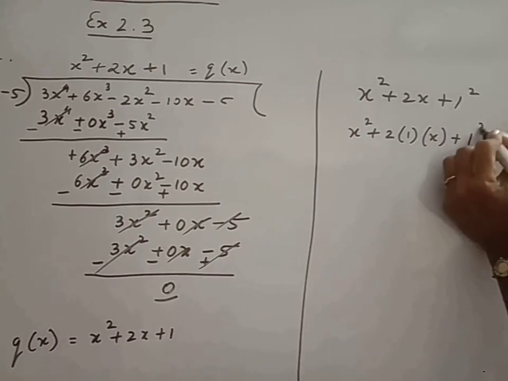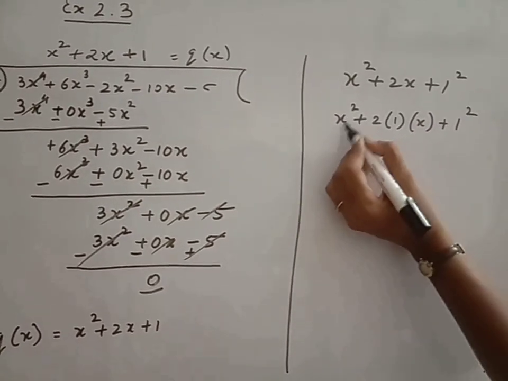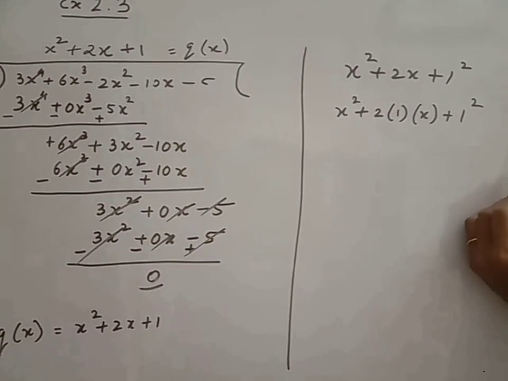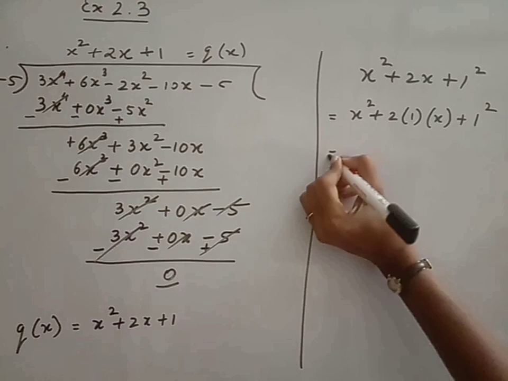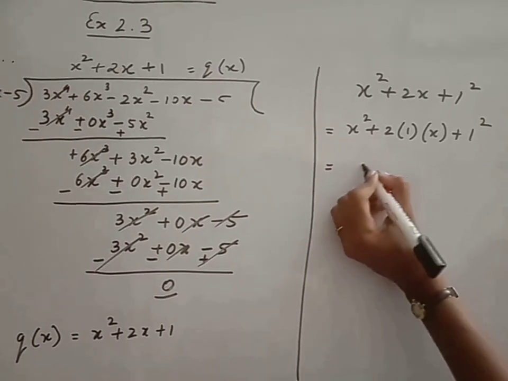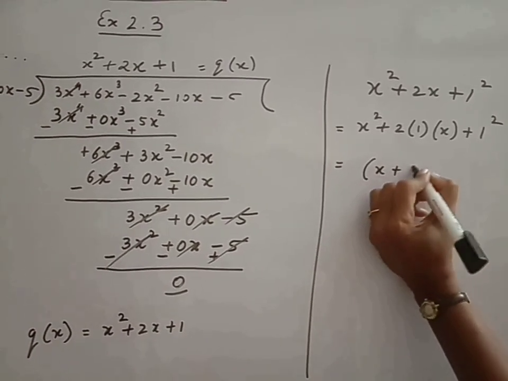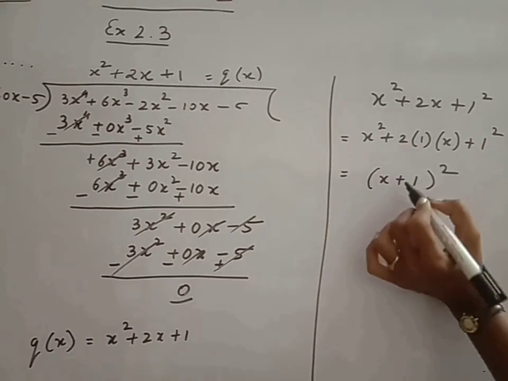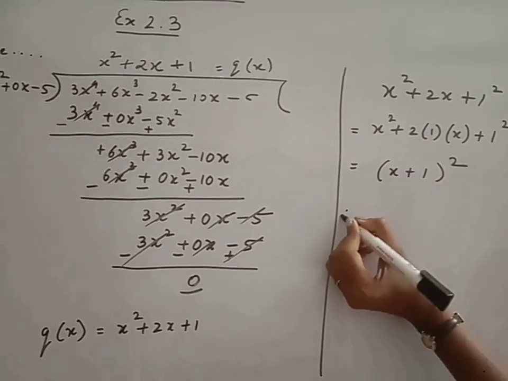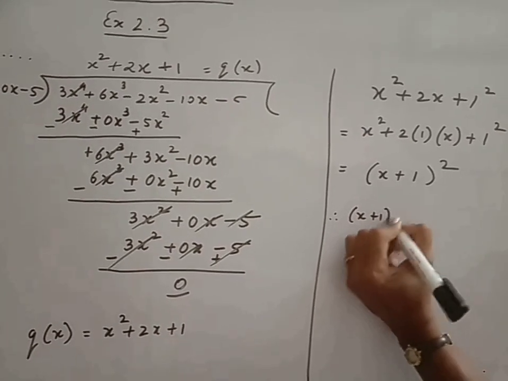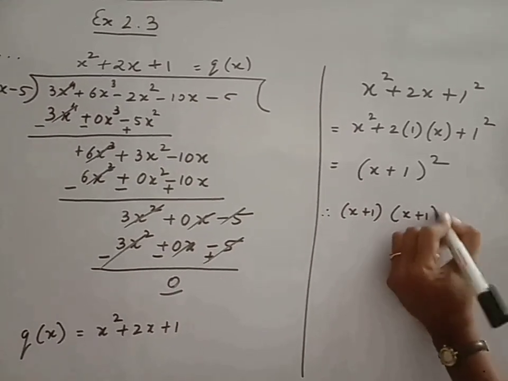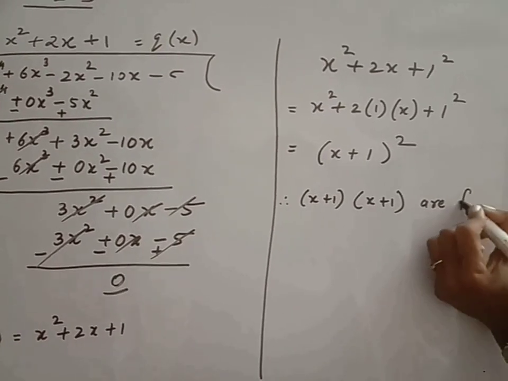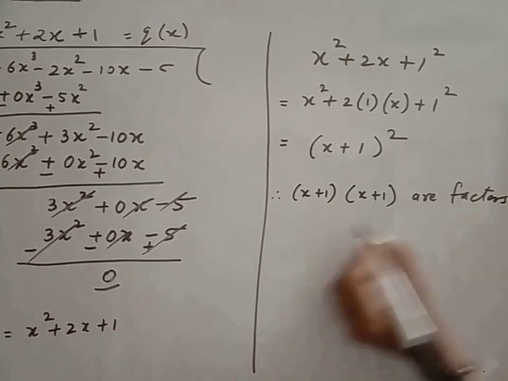Or you can solve it by middle term factorization also. This is a square plus 2ab plus b square, and that is (a plus b) whole square. So if you find the factors of this, you will get the two factors. Therefore, x plus 1 are factors.